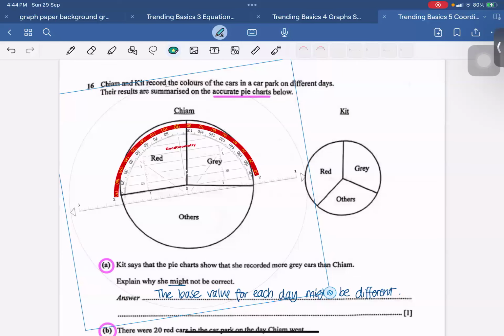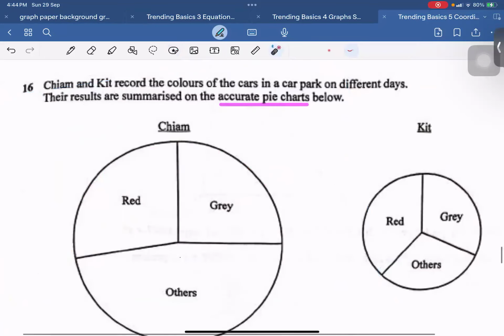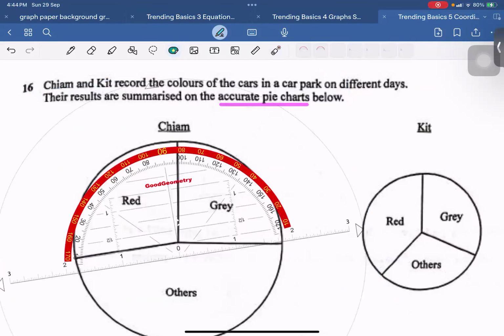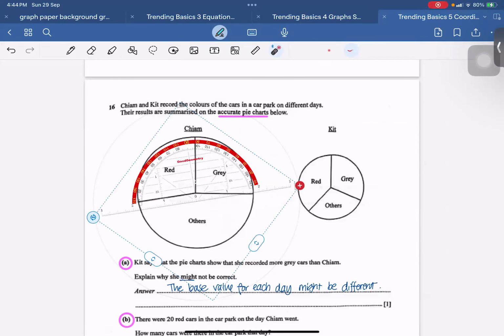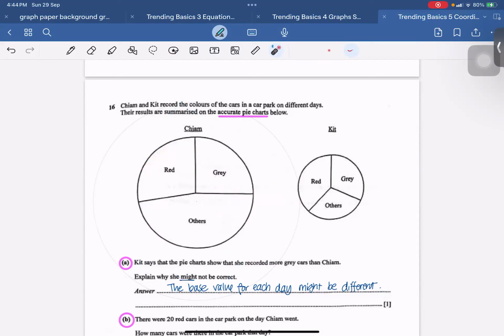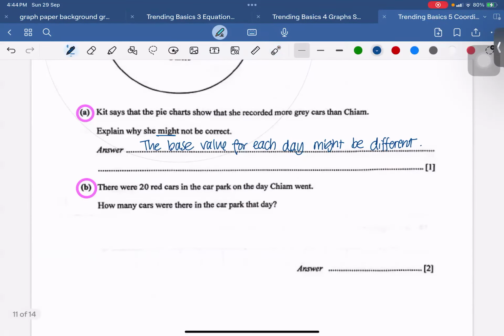From here, my graph tells me the red angle over here is 100 degrees. Somehow my protractor is flipped around the other way, but it is 100 degrees. So based on accurate measurement, 100 degrees represents 20 cars.